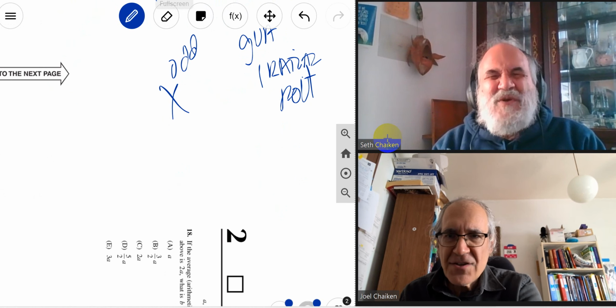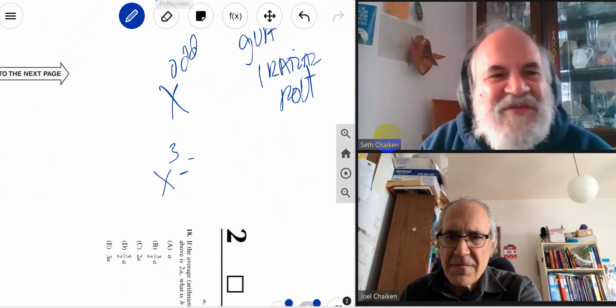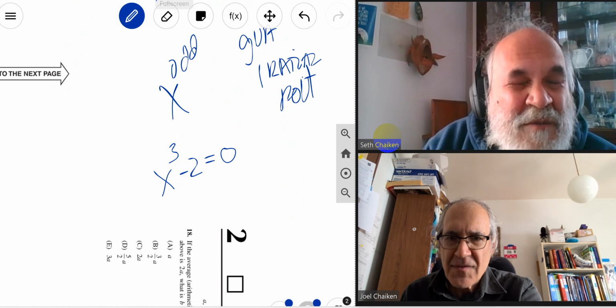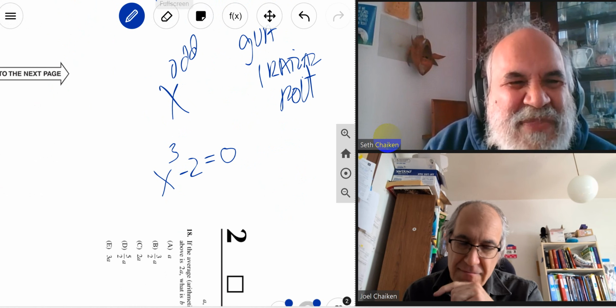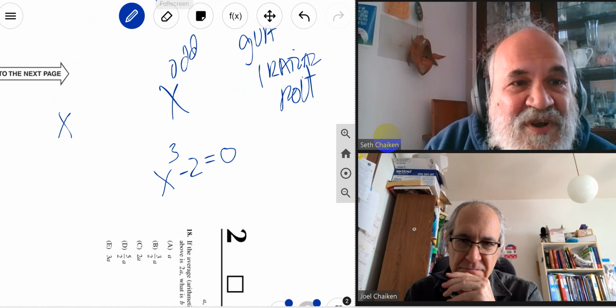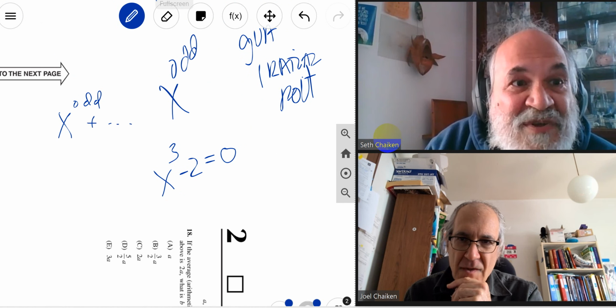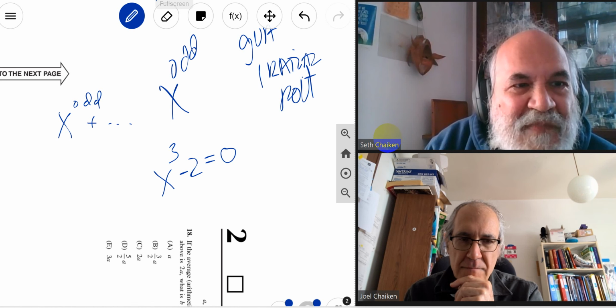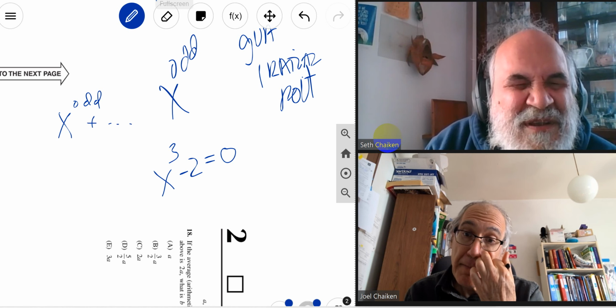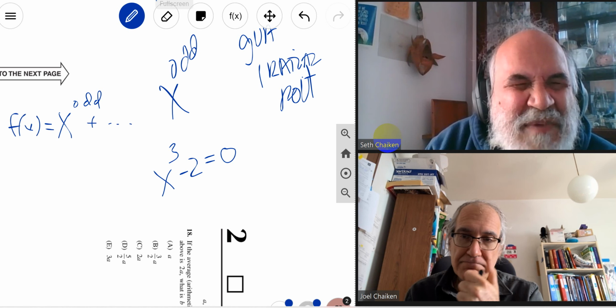That's because if you have x to an odd power plus lower order terms, with the high order coefficient divided away, it's a polynomial whose leading term is an odd power.